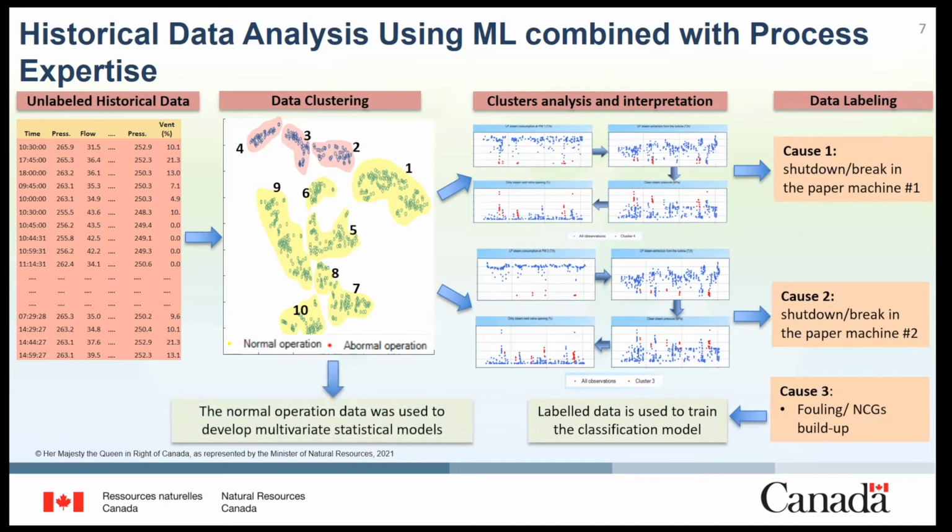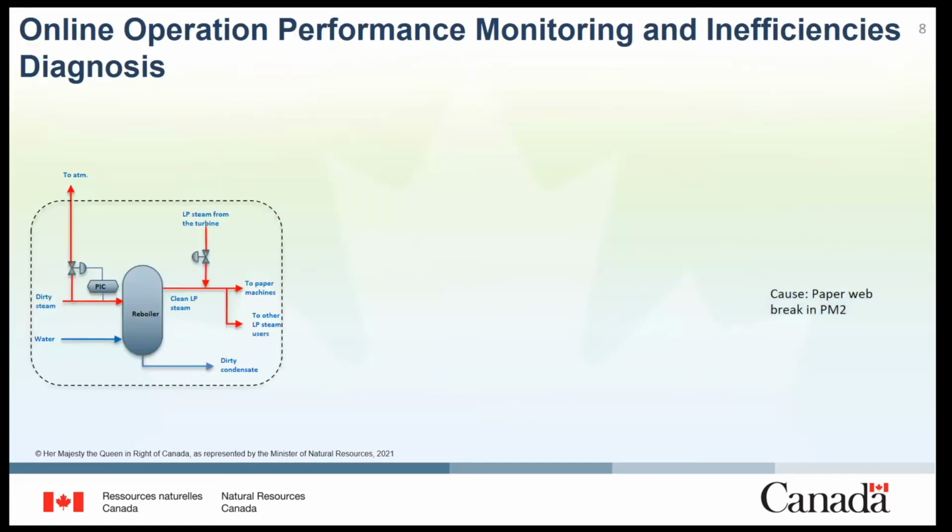At the same time, we took the normal operation data and we developed a multivariate statistical model. The role of this multivariate statistical model is to detect and isolate a novel cause of the inefficiency, so it can show what are the contributing variables to the inefficiency. For the online operation monitoring, here I show the example of the boiler system.